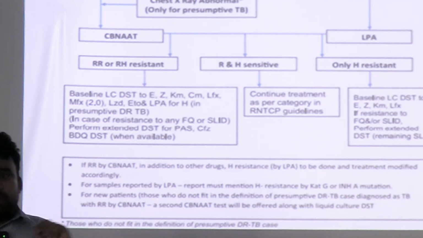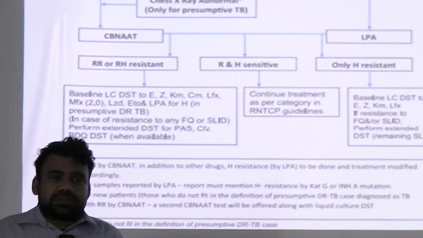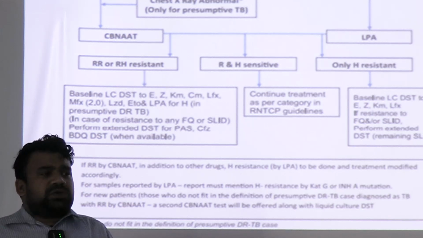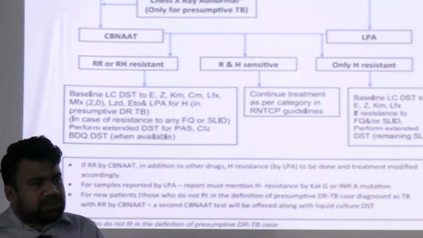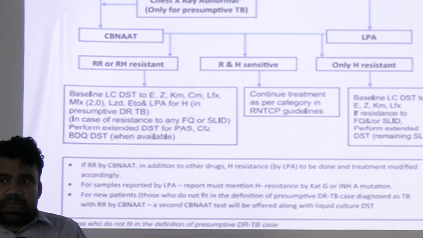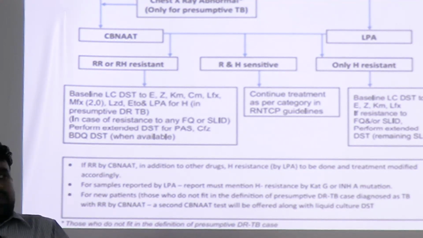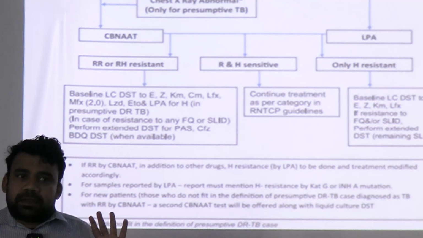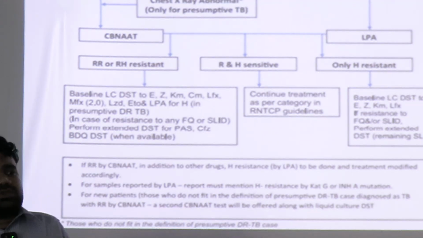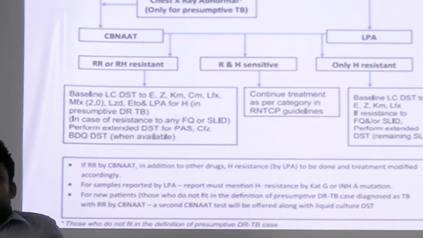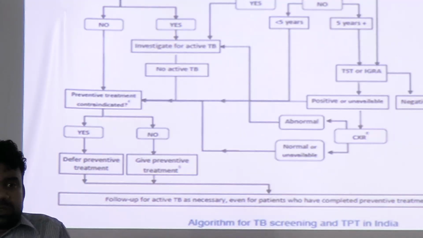Let me give you an example. Suppose there is a man having pulmonary tuberculosis. He was diagnosed as a case of drug-resistant tuberculosis resistant to rifampicin and isoniazid. He is getting treated and the patient is getting clinically better, that is fine. After that, his wife comes to the outpatient department complaining of respiratory symptoms similar to tuberculosis. Now, there is a high probability that his wife is also infected with the same bacteria that her husband is infected with. That means she is a suspect of drug resistant tuberculosis.